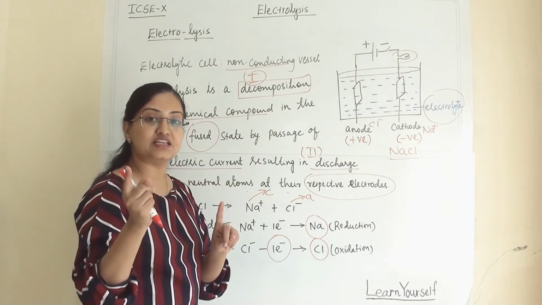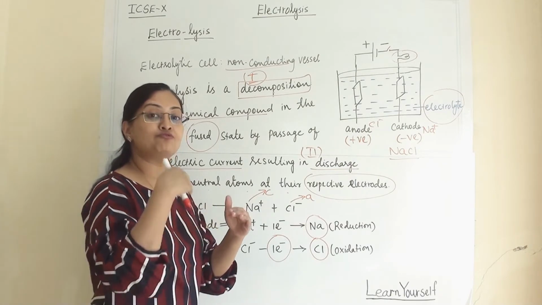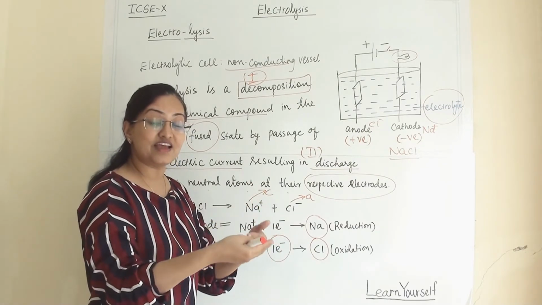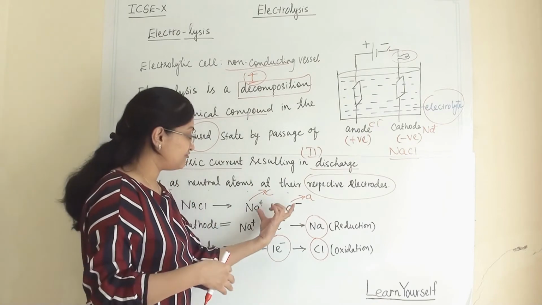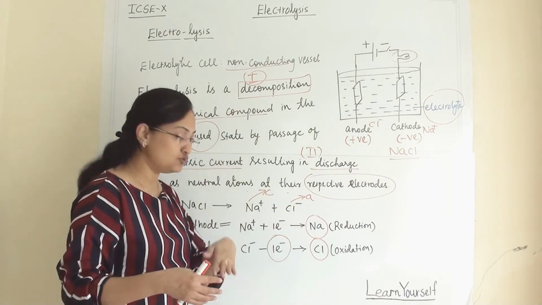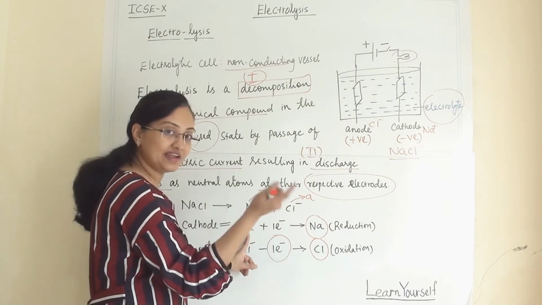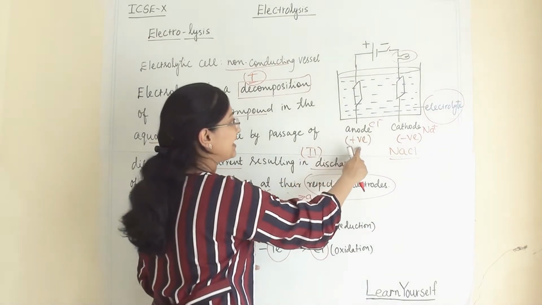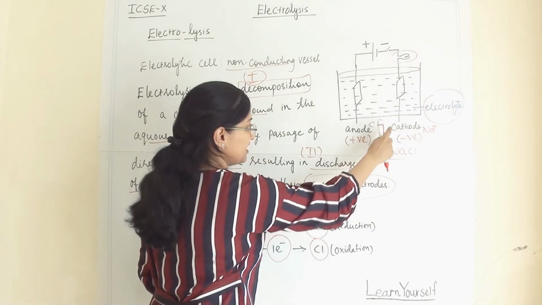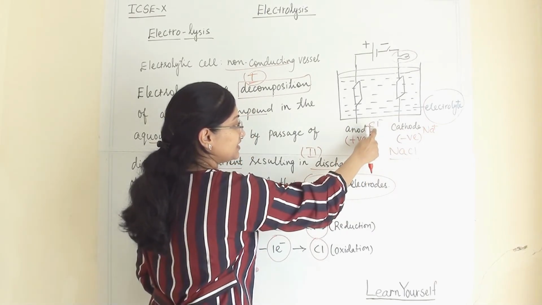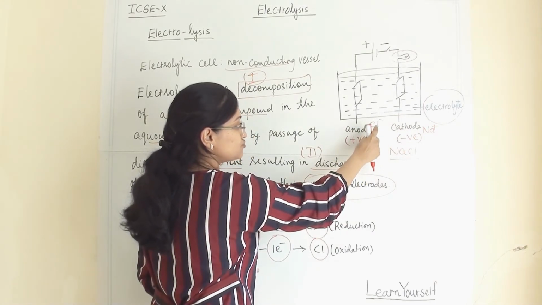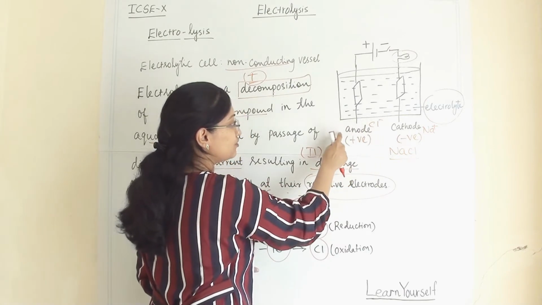In chemical bonding we saw that atoms form ions. Here, after ionization, they are becoming neutral. Whatever electron Na donated, it will take back from the cathode, and Cl accepted an electron, so it will release that electron at the anode.